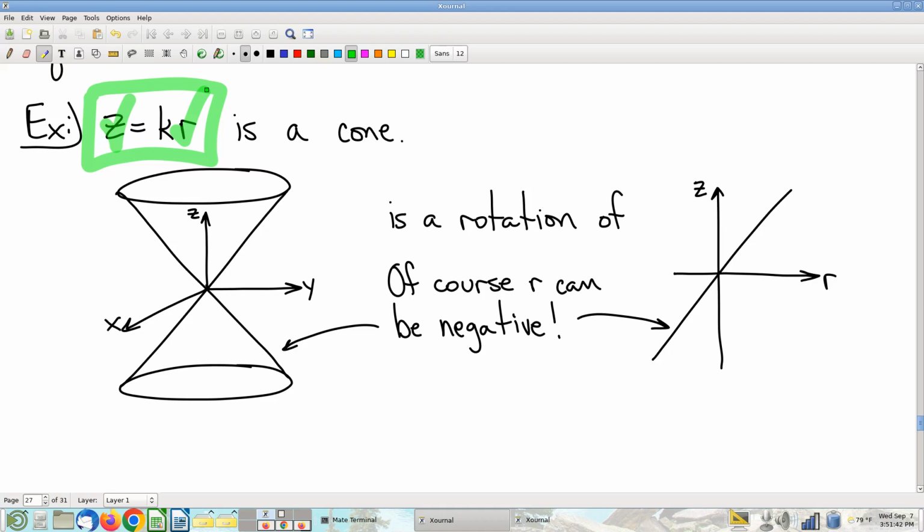Now let me remind you, we considered something along these lines fairly recently, when we were talking about equations of planes, and I made the observation that if there's no y's in your equation, then it's parallel to the y-axis. I made an argument about normal vectors. Here's a different point of view on that. If there's no y's in your equation, you can change y all you want, and it doesn't make any difference.